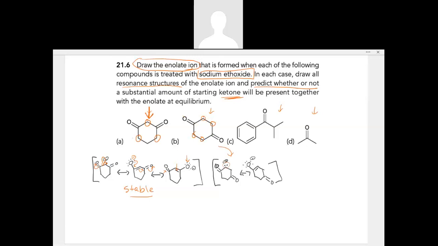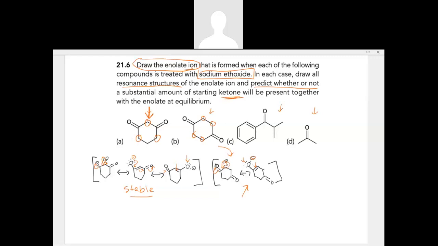To generate the second resonance structure, we would move this lone pair here to generate that pi bond, and then this bonding pair would generate a lone pair on that oxygen, with the negative charge now on that oxygen. The other ketone functional group is untouched, but again, we could deprotonate any of the 4 alpha positions and generate these 2 resonance structures.